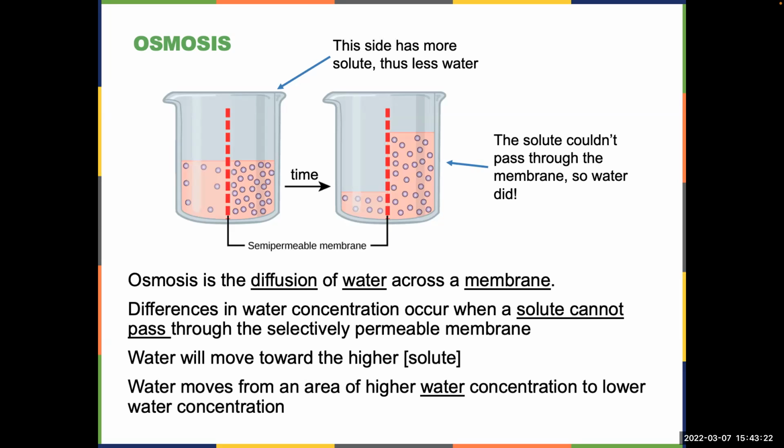So the example of the iodine moving through the membrane is an example of selective permeability, not osmosis. The example of the glucose, same thing. It's not osmosis, it's the glucose that is moving. Osmosis only talks about water.